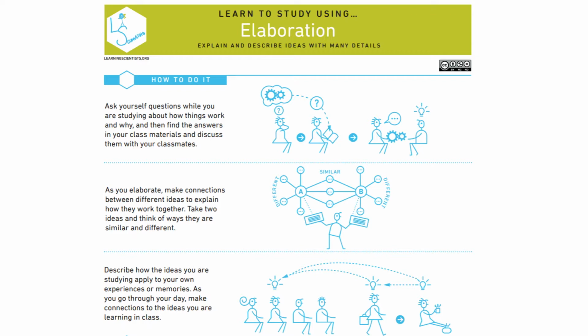But this technique of elaboration also helps you understand any topic. Take, for example, English, and you're studying Macbeth. So in Macbeth, he says, "Is this a dagger I hold before me?" And you might question, who is he saying that to? Why is he saying it? How does he feel when he's saying that?